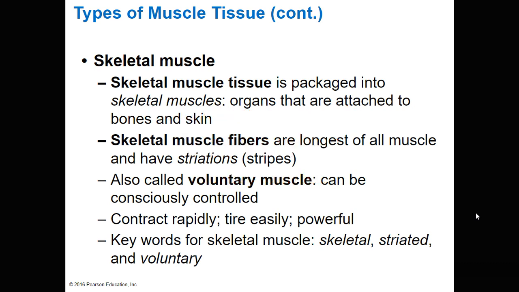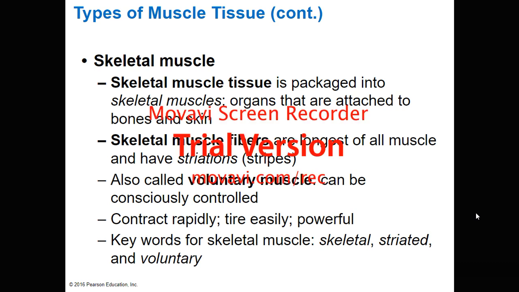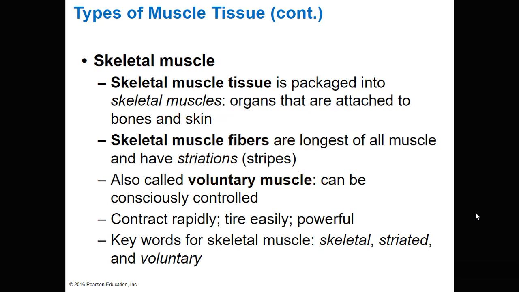So it's packed with hundreds of myofibrils. Okay, it's packed with them. But these myofibrils are made up of myofilaments. Okay, so again, if you can do a drawing of it or a brace map, so you can visualize it.